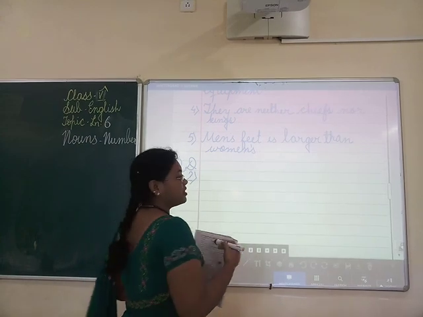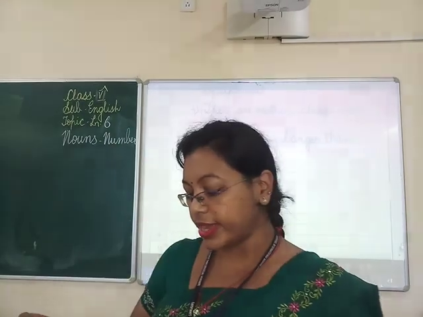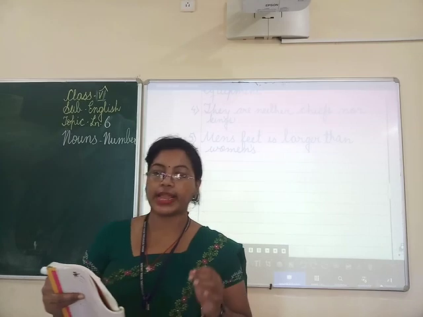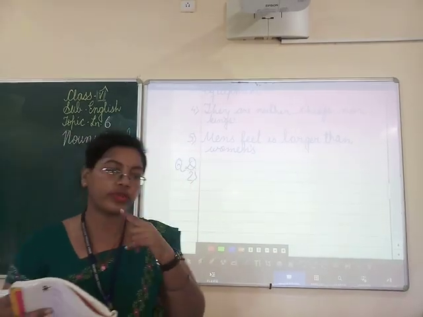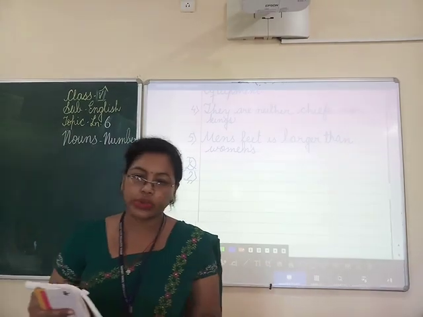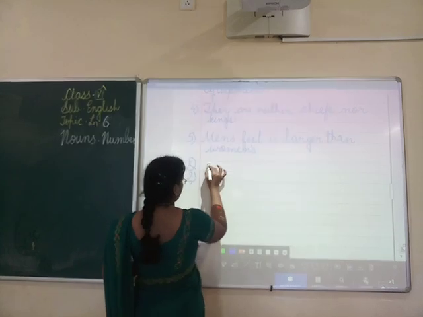So once you have found, first of all you will find the error. Here he has given louses. Louses is your error. It will be lice. So first you will find the error. You have got the error and you have got the correct word. Once you are getting the correct word, then you will write.